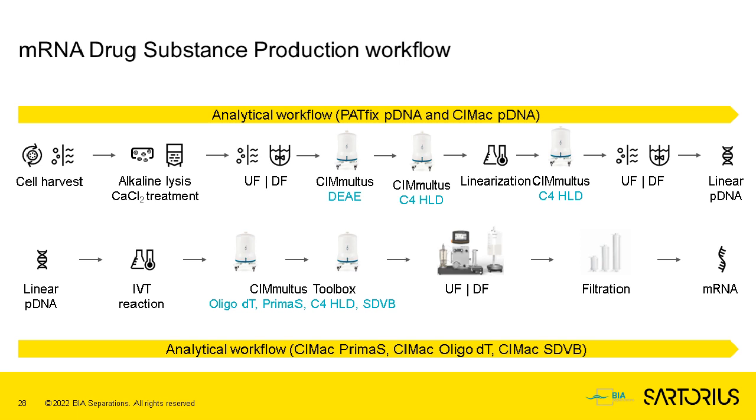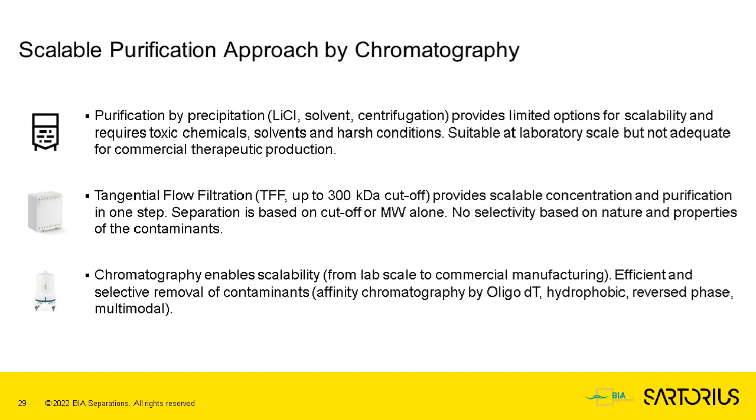We've now successfully produced mRNA in the IVT reaction. I would just like to remind us, and then move to questions, that there are multiple ways of purifying the mRNA. Traditionally, this was precipitation.